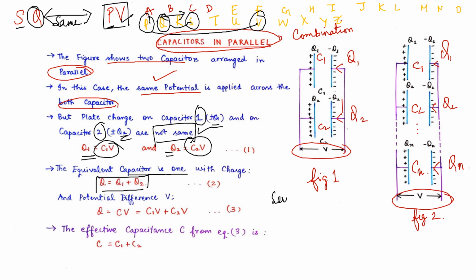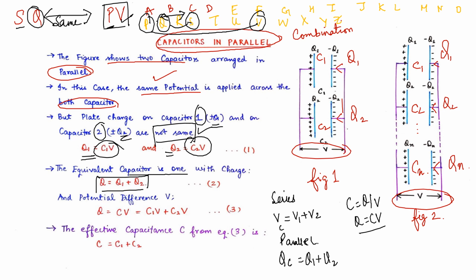For series combination, if you remember, we used V combination equals V1 plus V2. But here for parallel combination, as the charge is different, the formula we are using is Q combination equals Q1 plus Q2. Now as I have told you, C equals Q upon V and hence Q equals CV. This formula we will substitute for Q1. Q1 will be C1V and Q2 will be C2V.